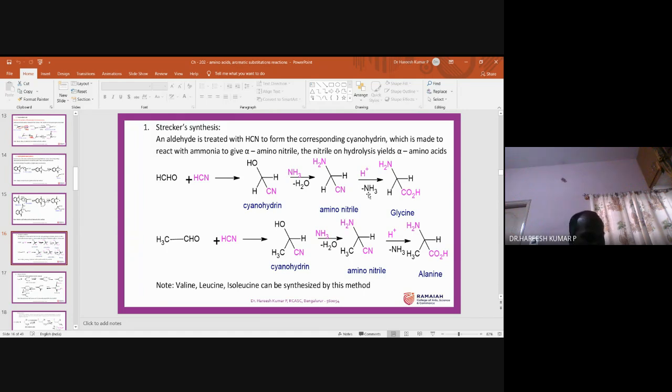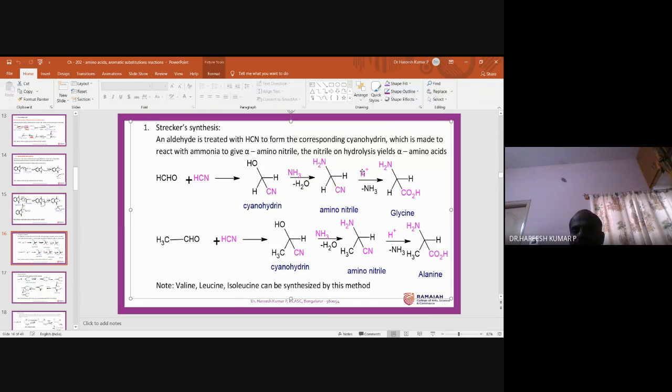This amino nitrile on hydrolysis, hydrolysis means here the cyanide is hydrolyzed. Cyanide on hydrolysis gives an amide, later an acid. All right. So in this method, when an aldehyde and hydrogen cyanide give cyanohydrin, this cyanohydrin on treating with ammonia replaces the hydroxy group, forming an amino nitrile.